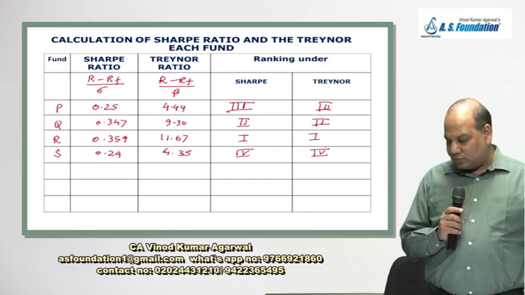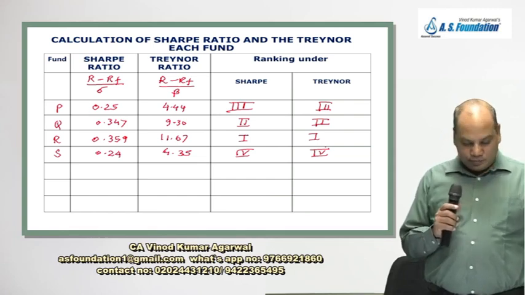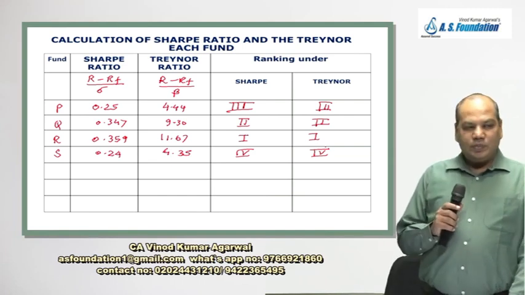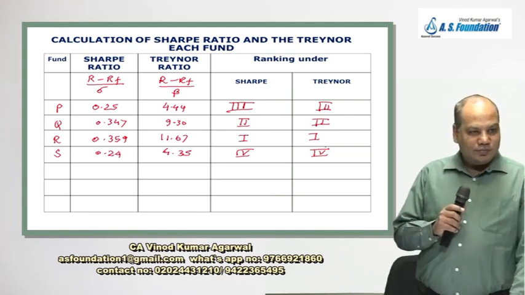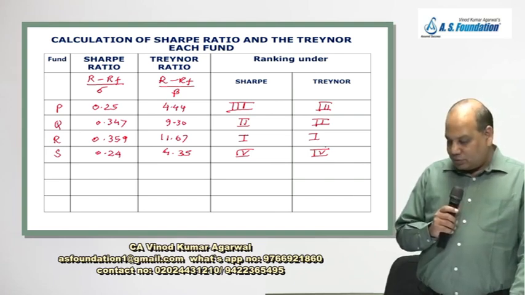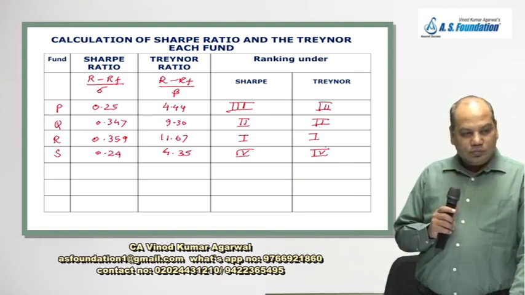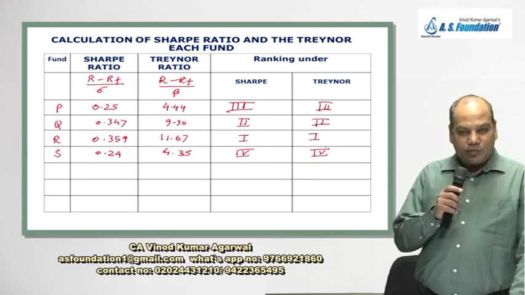Portfolio R or mutual fund R is the best performer, and mutual fund S is relatively worst performer.